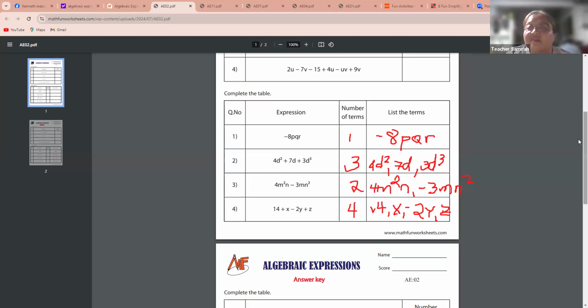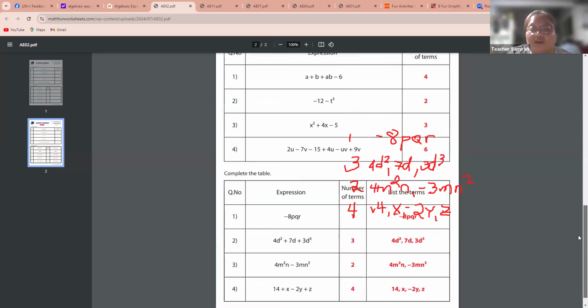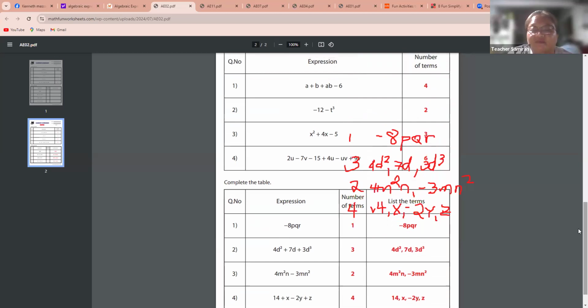Okay, that one. So 1, 3, 2, 4. Very good. The answer for number 4 is quite right, which is also 4. How about listing all the terms? Mark supplied me the answer. The first one is negative 8pqr.